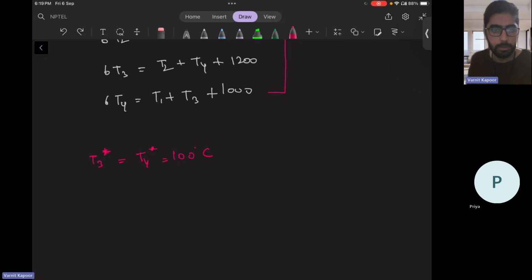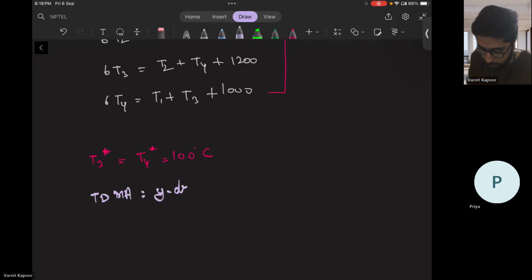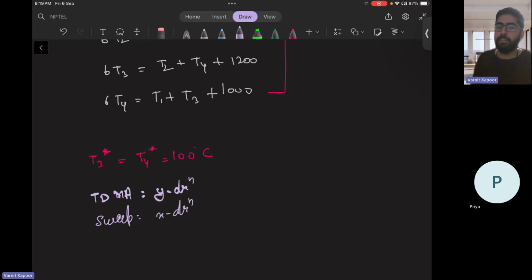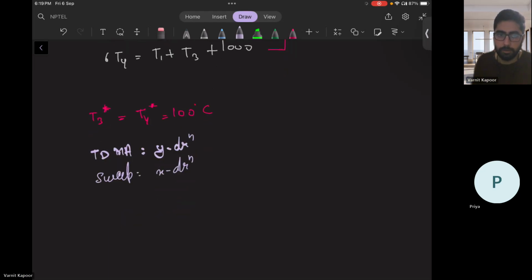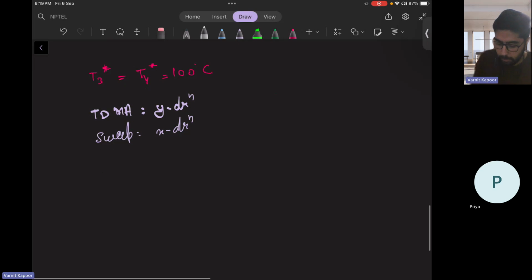Now, if you use this value, for the first, because we are doing TDMA in Y direction and sweep in X direction. So you know what the algorithm was? P1 is equal to B1 over A1, and Q1 is equal to D1 over A1.